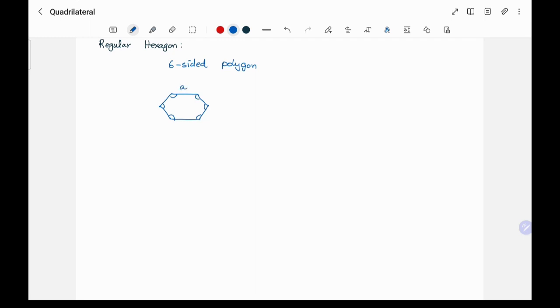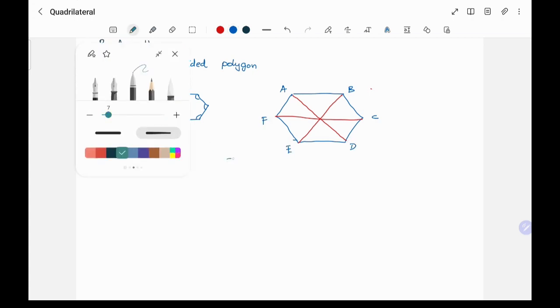Let's take the side as A. Let me draw a bigger picture. If we draw the three main diagonals, 1, 2, 3, just connecting the opposite corners, you can see there are also other diagonals, right?